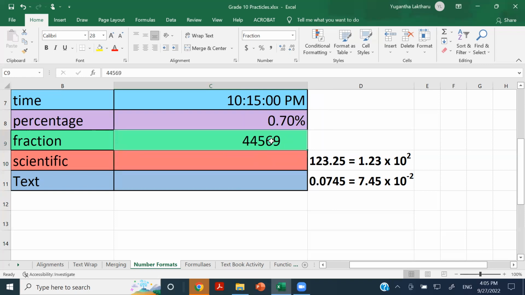Now that looks like a half. So now if I type half, it's going to stay as it is, not going to change into a date. And if I want to show 3.5, I just put 3.5 and it converts into 3 1/2.